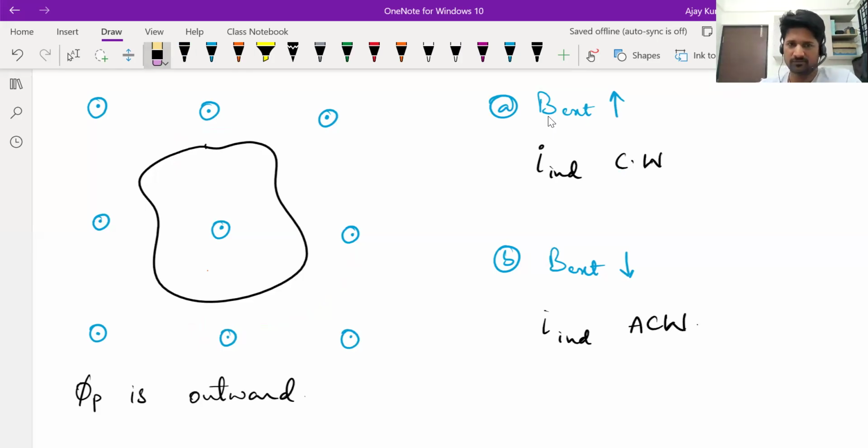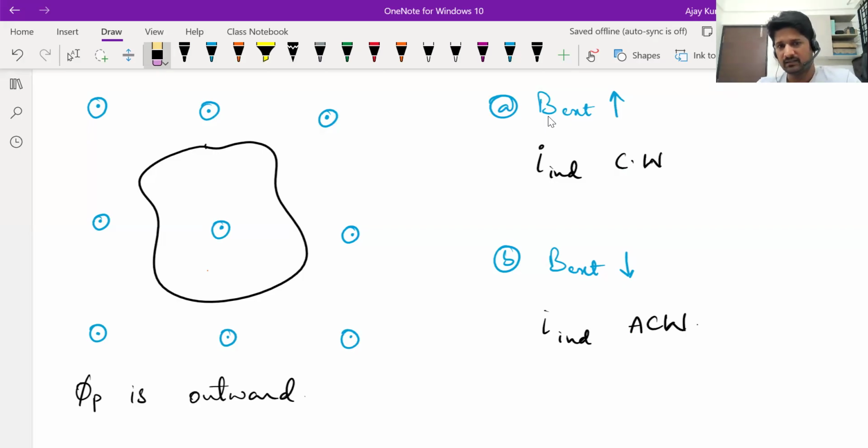The field is decreasing, so flux will be decreasing. We need to oppose that change. It is becoming weaker, so the induced EMF has to make it stronger. Nobody is dictating it, but it behaves like that. It has been found, that's why it's called a law, that induced EMF always tends to oppose the change in flux.